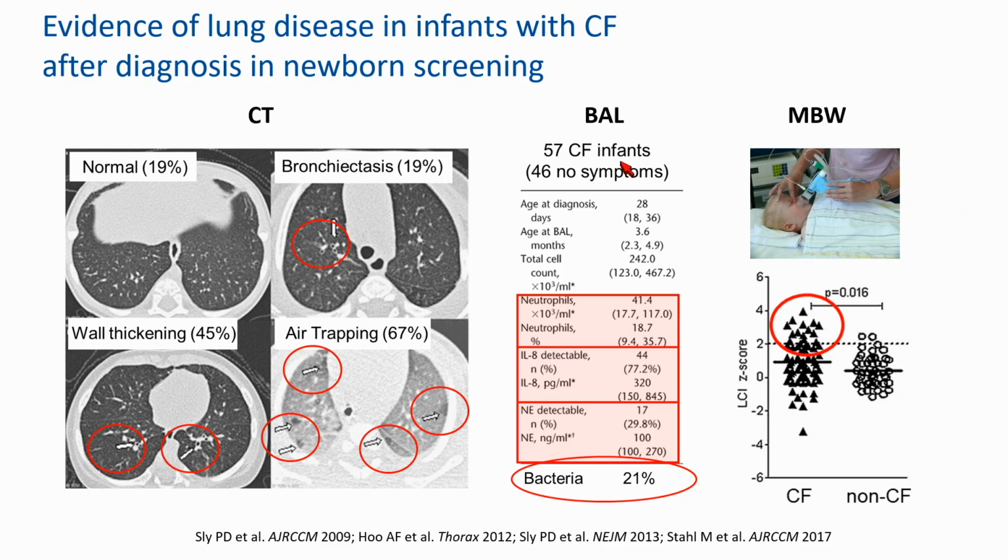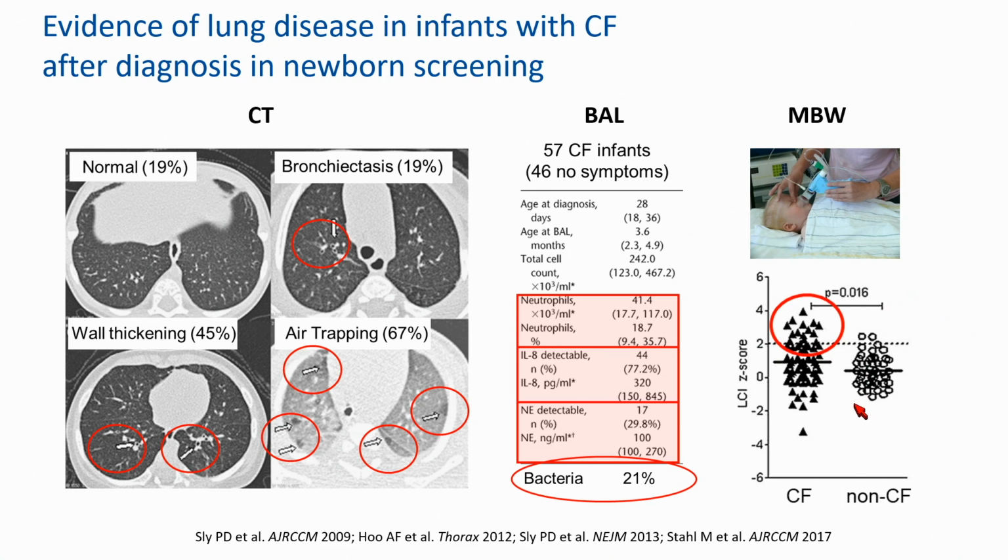Also, inflammation is present right after diagnosis in newborn screening with elevated neutrophils, elevated neutrophil elastase. And in the functional studies, we see an increased lung clearance index in a subset of patients right after birth.